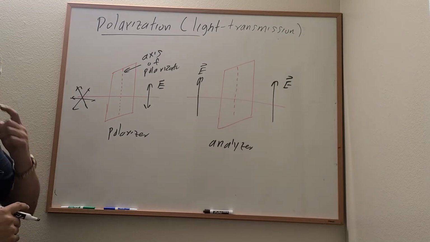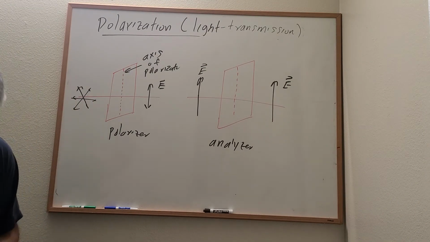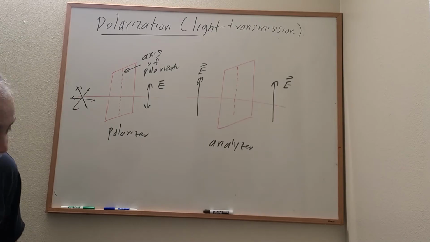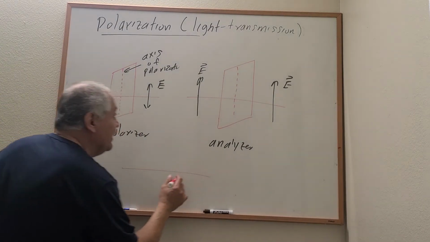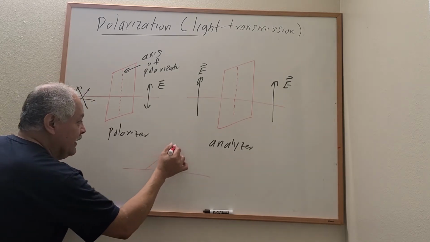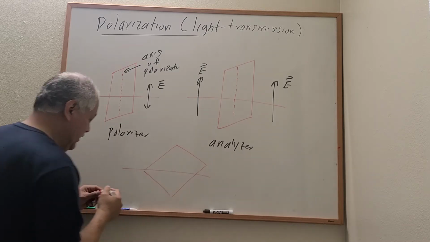Now what happens if we have an angle? Let's do it. What happens if we have 90 degrees, like this one? Imagine one more time, this is 90 degrees.